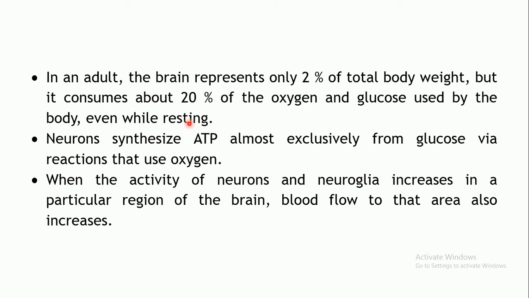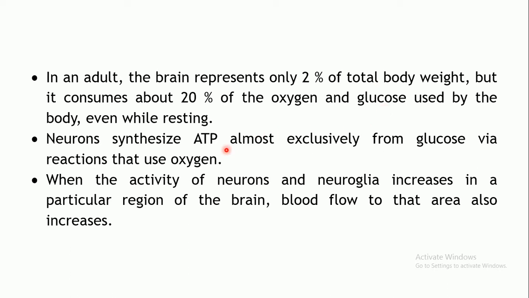That's because it carries out a lot of functions, and continuously the brain is working, processing some information, giving some output. So it needs a lot of oxygen and energy, which is provided in the form of glucose.